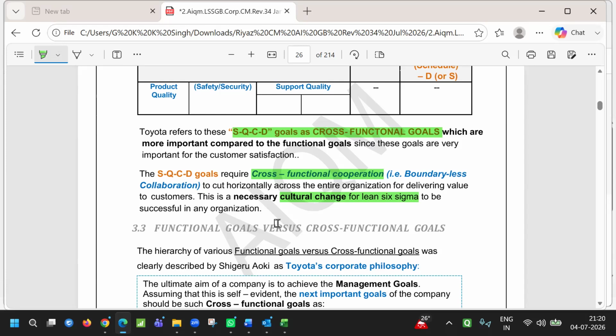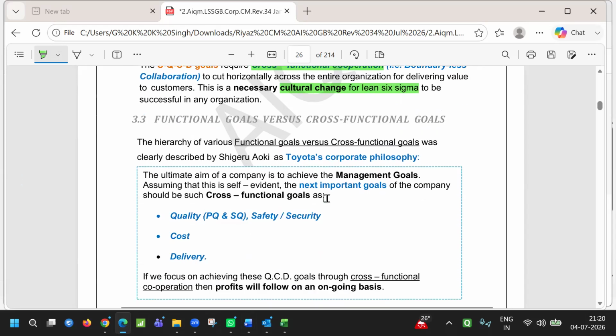But the culture in a Six Sigma organization is that the cross-functional teams work together to deliver value to the customer. And this is defined as Toyota's corporate philosophy, which was initially adopted by Toyota for lean management, but today this is followed by all companies implementing Lean Six Sigma.